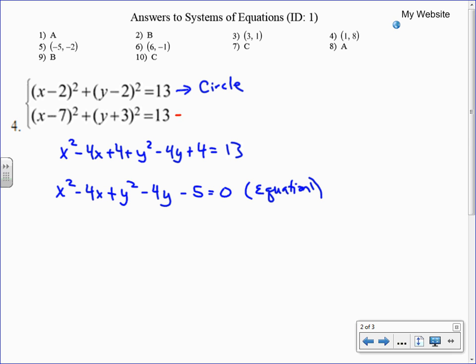Equation 2. This is also a circle. Yes? Okay, to figure out what equation 2 is, I need to come over here somewhere, and I need to figure out that x squared minus 14x plus 49. Everybody good? What's this? Y squared plus 6y plus 9.